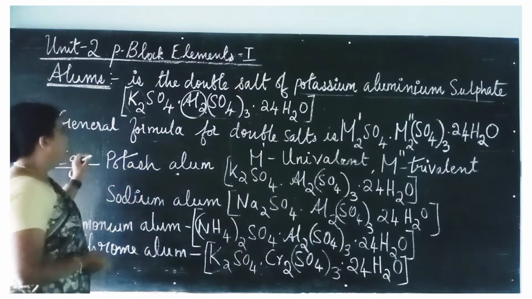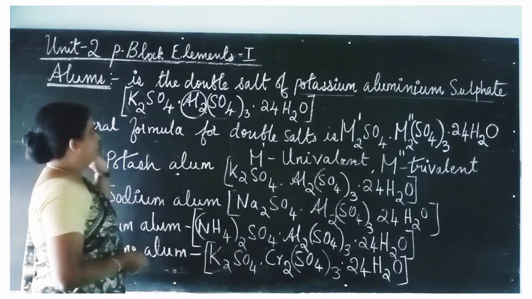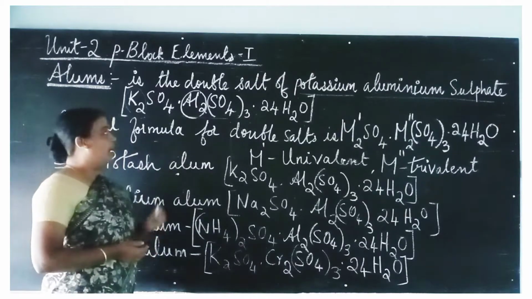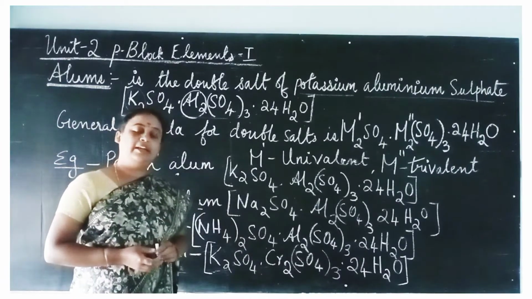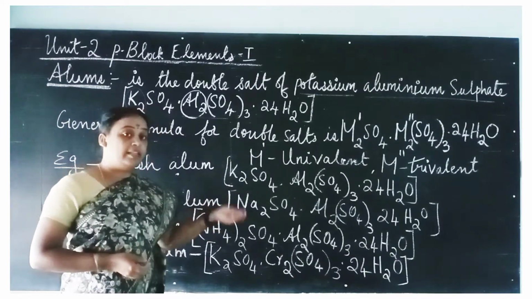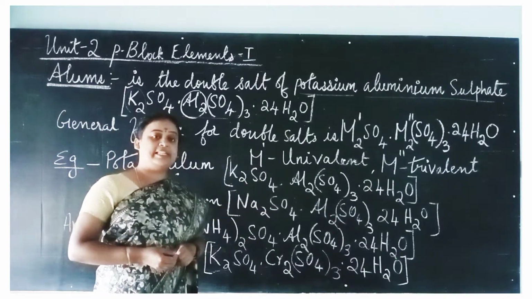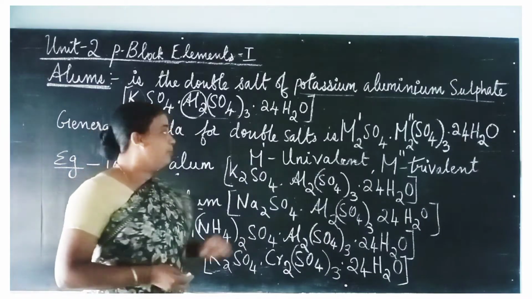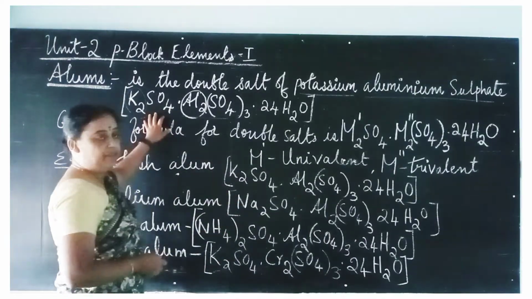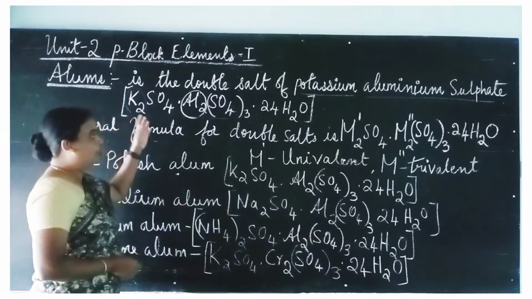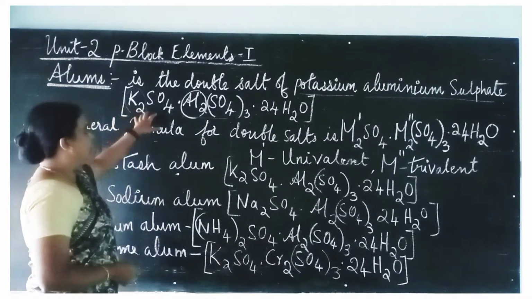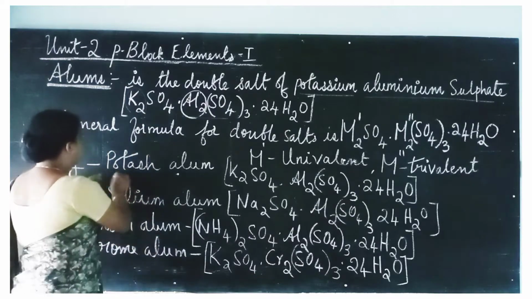It is not necessary that only potassium sulfate and aluminium sulfate should be present in alum. Sometimes other salts can also be present as double salts. Because potassium sulfate and aluminium sulfate are present along with 24 water molecules, this alum is called potash alum.